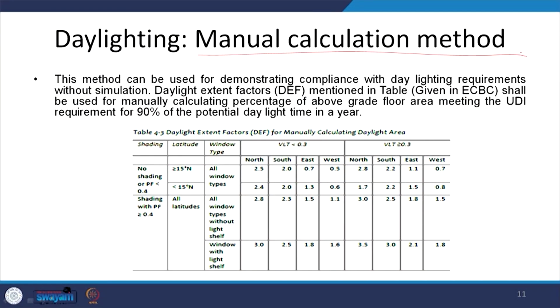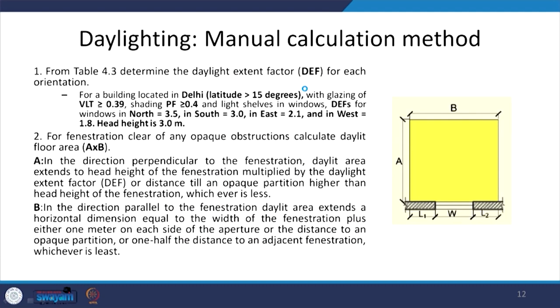When we are looking at the manual calculation method, we have to calculate the daylight extent factors, or DEF. The values for these are to be calculated based upon the tables which are given in ECBC, and the compliance criteria remains the same. So, when we have to calculate the DEF, first of all, we need to locate the latitude of the place. For example, in this case where we are discussing the DEF, this is in Delhi, which has a latitude greater than 15 degrees.